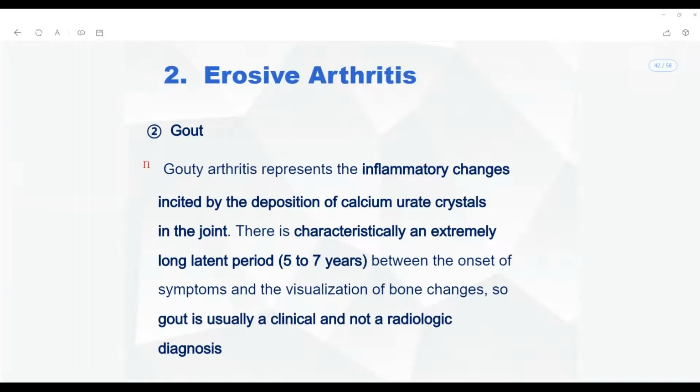Since you asked such a question, I think in pharmacology you should have learned about this drug. Remember, there is a drug called probenecid.